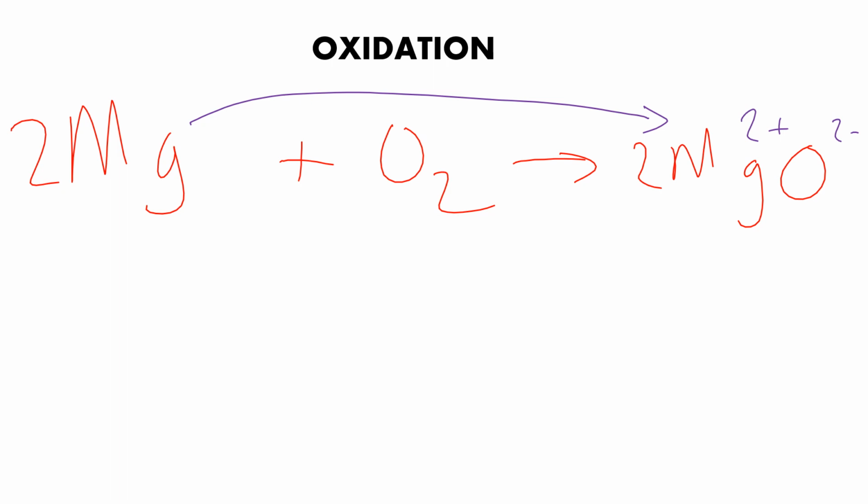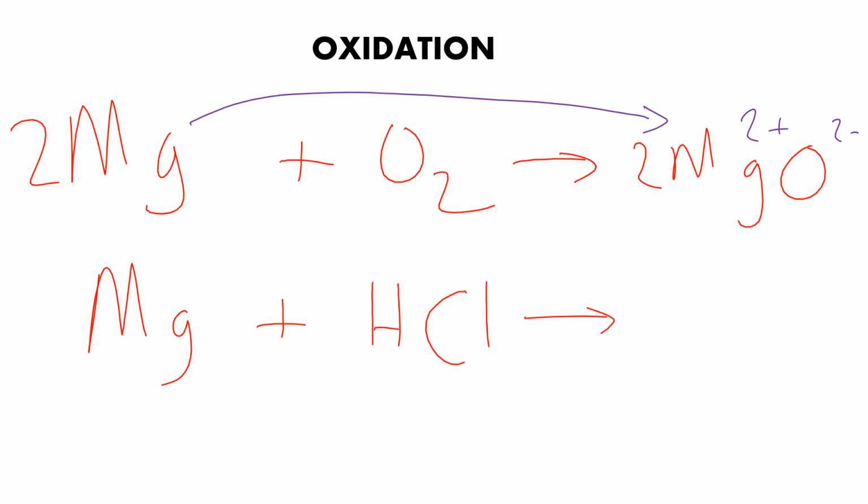Let's see an example. All metals, at least most metals, react with most acids. Of course, there are exceptions, but in the case of magnesium, it readily reacts with hydrochloric acid to form magnesium chloride plus hydrogen. And that, of course, needs to be balanced.